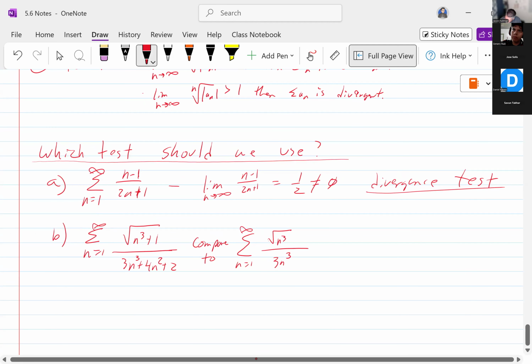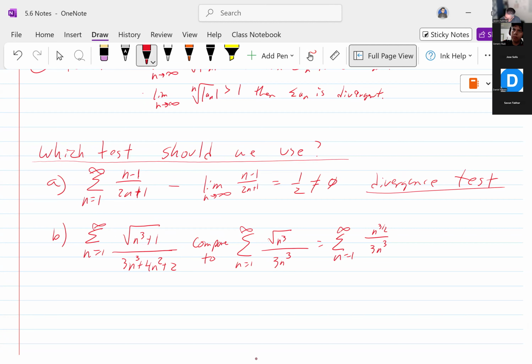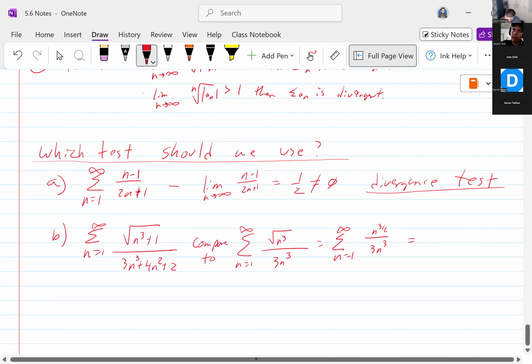Okay, this is now equal to n to the 3/2 over 3n to the 3rd, that's going to be a negative 3/2 when I reconcile those. And so this is just going to become the summation n equals 1 to infinity of 1 over 3n to the 3/2.